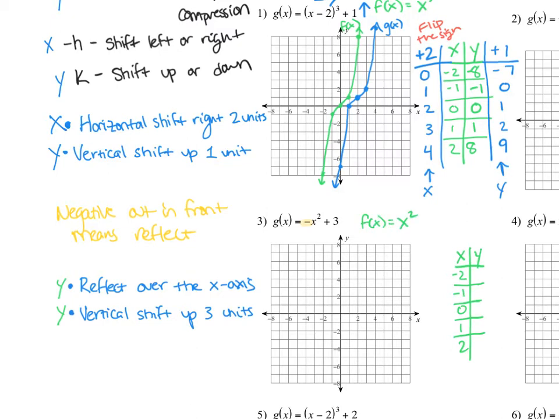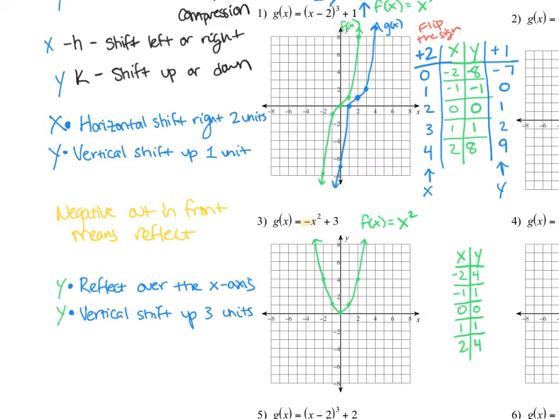So let's see, 2 squared is 4, 1 squared is 1, 0, -1 squared is 1, -2 squared is 4. So my parent function looks something like this. There's my parent function.